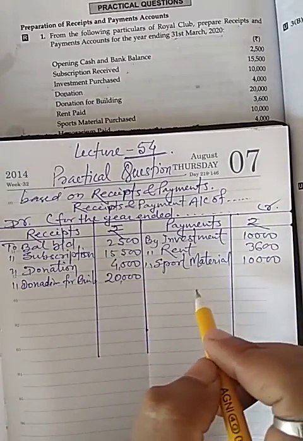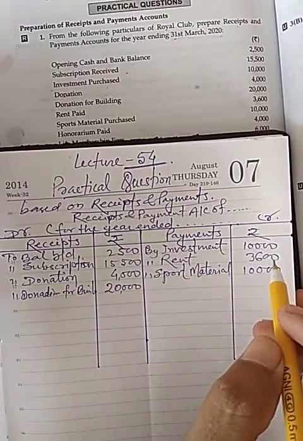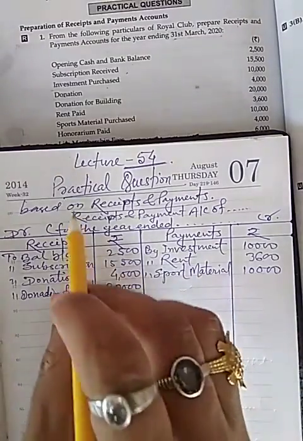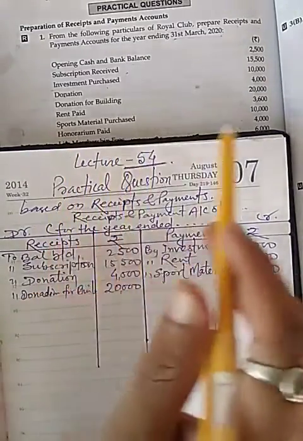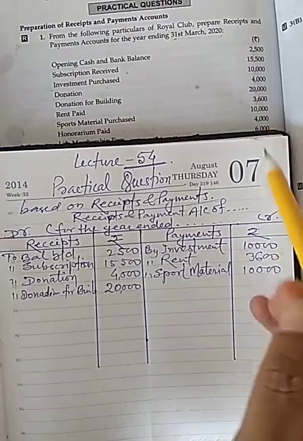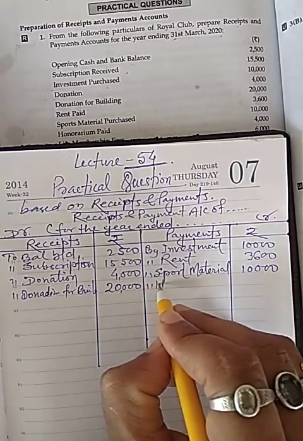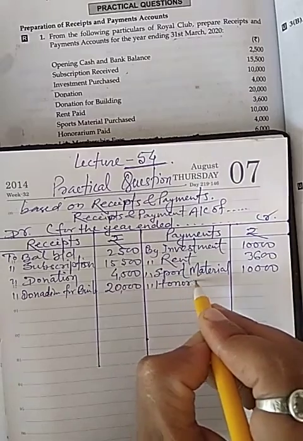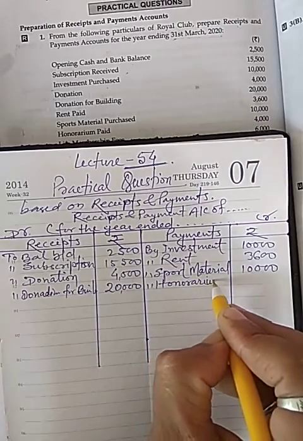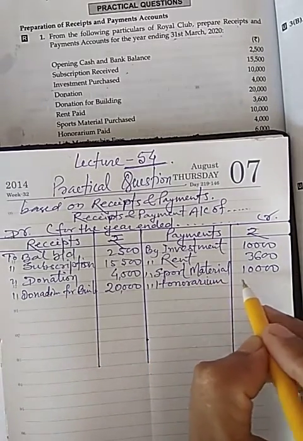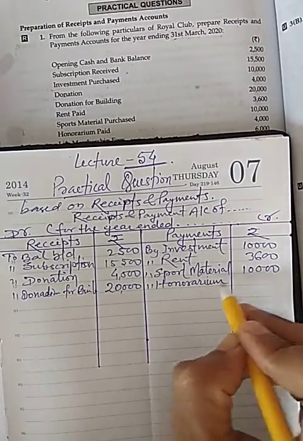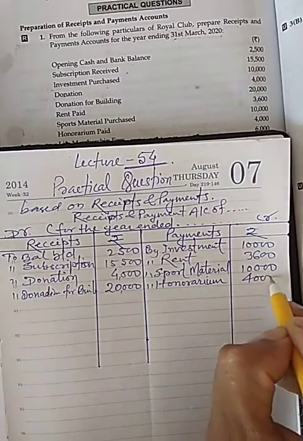Now next point is honorarium paid, so it will be also payment. Honorarium rupees 4,000.